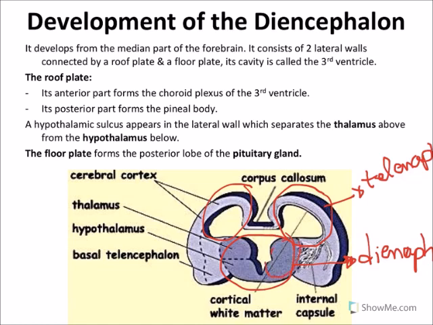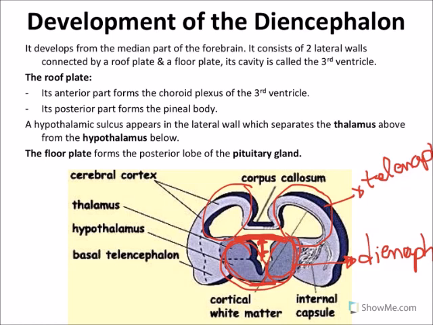And this is one lateral wall, and this is the other lateral wall, and these lateral walls are connected by roof plate and floor plate. The cavity between these lateral walls here will be narrowed to form the cavity of the third ventricle.